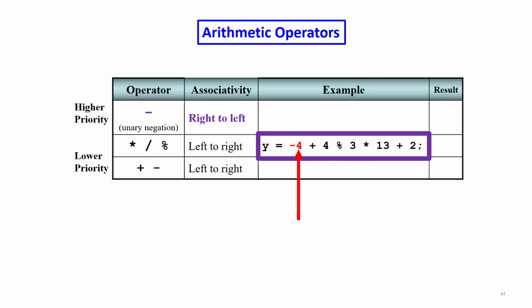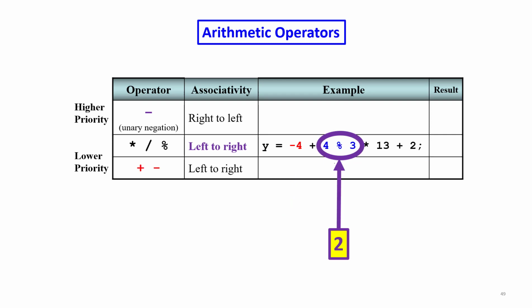The second pass is from left to right, looking for multiplication, division, or modulus. And in that second pass, the compiler would find the modulus operator here and evaluate. Remember that the modulus operator simply produces the remainder of integer division.